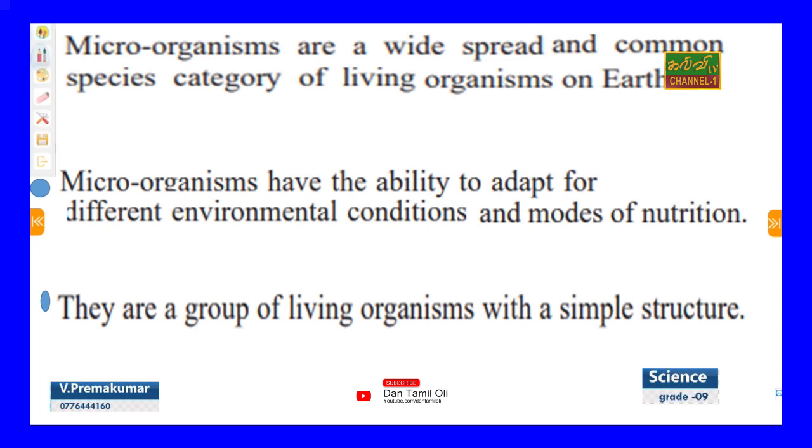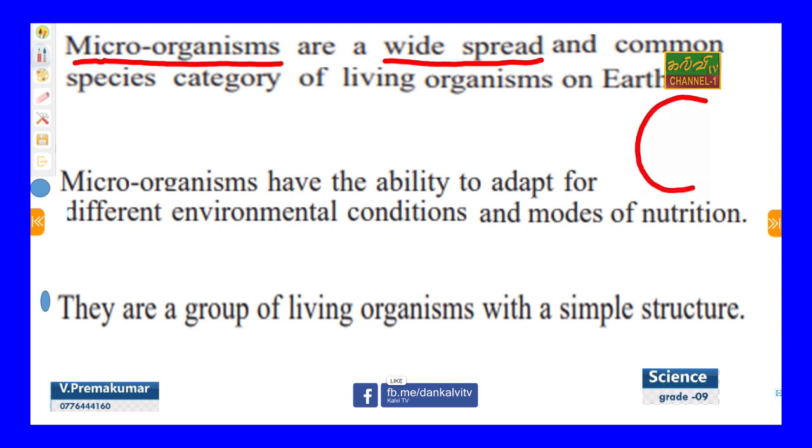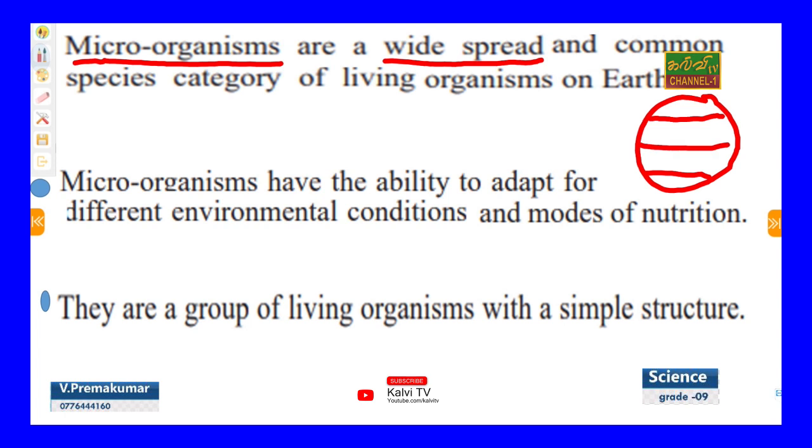We already studied that microorganisms are widespread all over the world. For example, everywhere on this earth, North Pole, South Pole, equator, every ocean, hot water, deep sea, everywhere, right? We can find them.